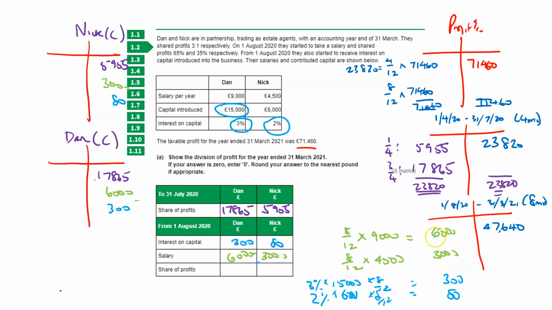So the question here is whatever's left in this account can now be split in the ratio 65% and 35%, right? And what is left in this account is 38,000. When you say 47, take all this away, you get a difference of 38,260, right? That's what would be left in there. So you can now split that, of course, according to that ratio, 65%.